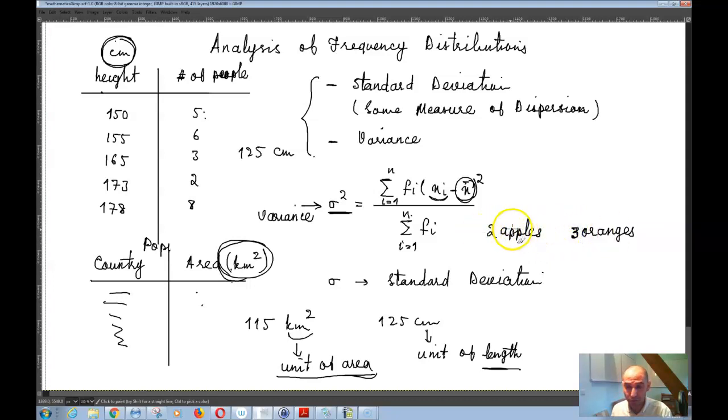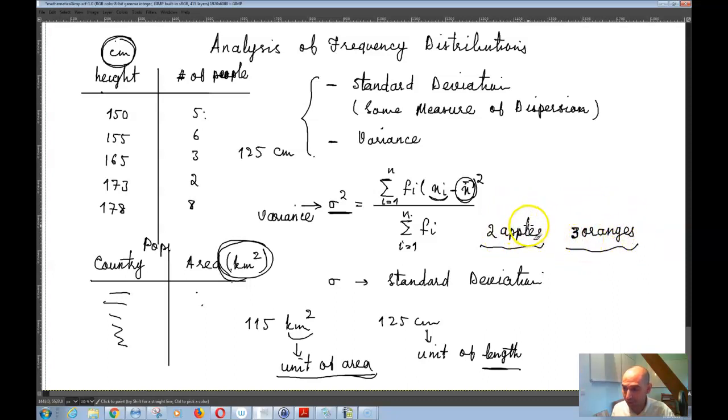Which one is better? We have 2 apples and 3 oranges. Which one is more, or which one is less? You cannot say that 2 apples is more than 3 oranges because these are apples, these are oranges.